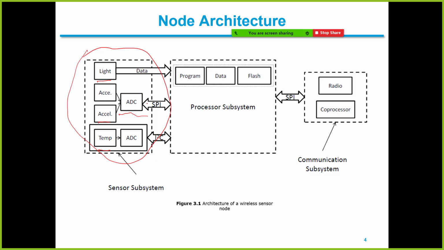After the ADC, the data is converted from an analog signal to a digital signal, and then we can send the digital data to the processor subsystem. The communication is realized through SPI and I2C communication interfaces.